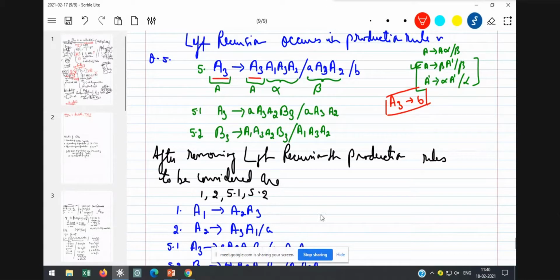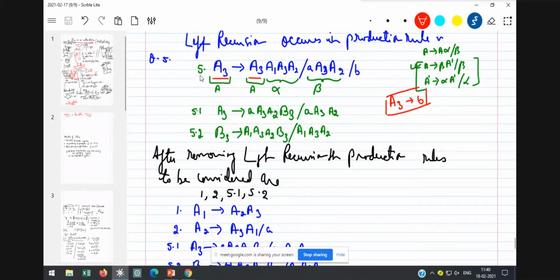Now, what happened was in the production rule number 5, left recursion occurred in here at A3, and then we tried to solve that left recursion using the left recursion removal format, and then we generated 5.1 and 5.2. Now, this A3 replaceable by terminal B is being left out.